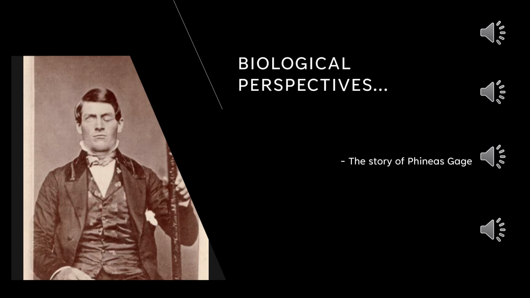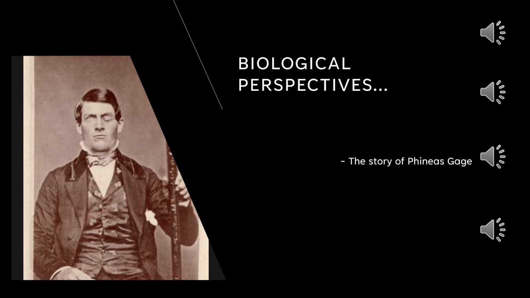Now, Phineas Gage did live on about 12 years after the accident happened. But we're wondering how this could be, how he suffered all of these personality changes, this impaired judgment, frustration. We might be able to answer this question if we look at the functions of the brain.